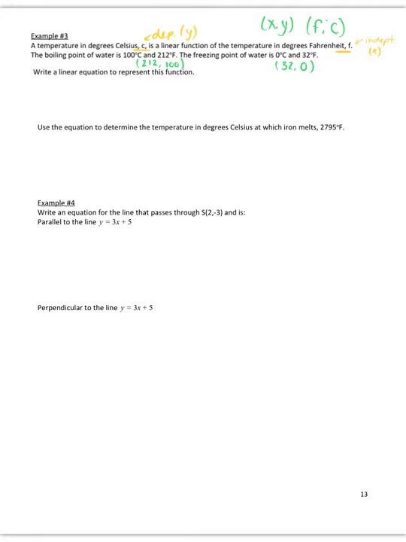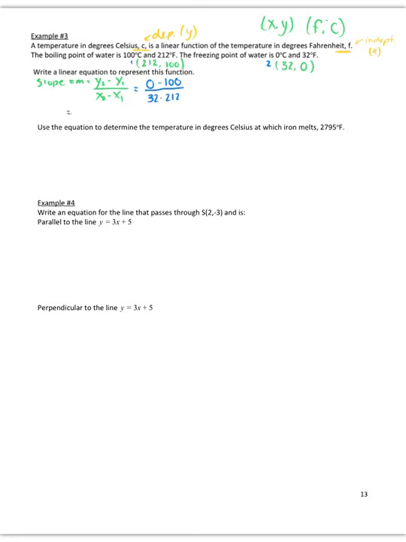To write a linear equation, first we are going to find the slope: y2 minus y1 all over x2 minus x1. I'll label this point 1 and this point 2. So we'll get 0 take away 100, all over 32 take away 212.